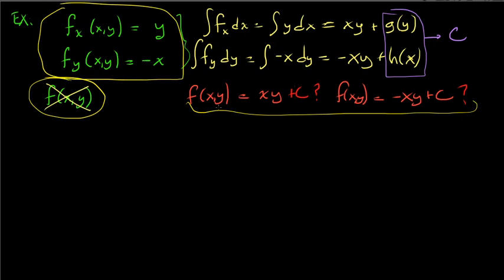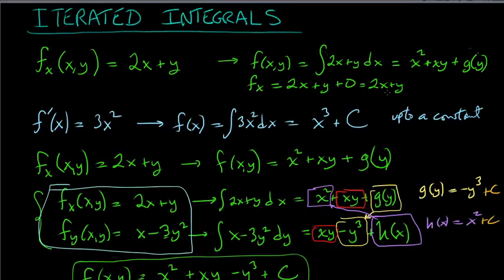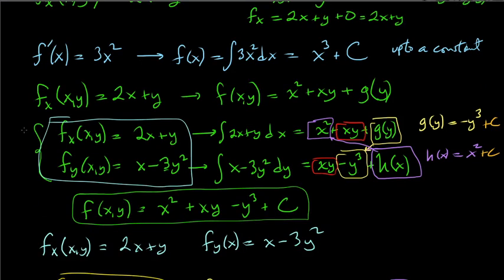Okay? So even if you know both the x partial derivative and the y partial derivative, that doesn't necessarily mean you can always find the original function, the antiderivative, if you will. So it works in some cases, like it did in this example here. Here it did work, and here was the antiderivative.